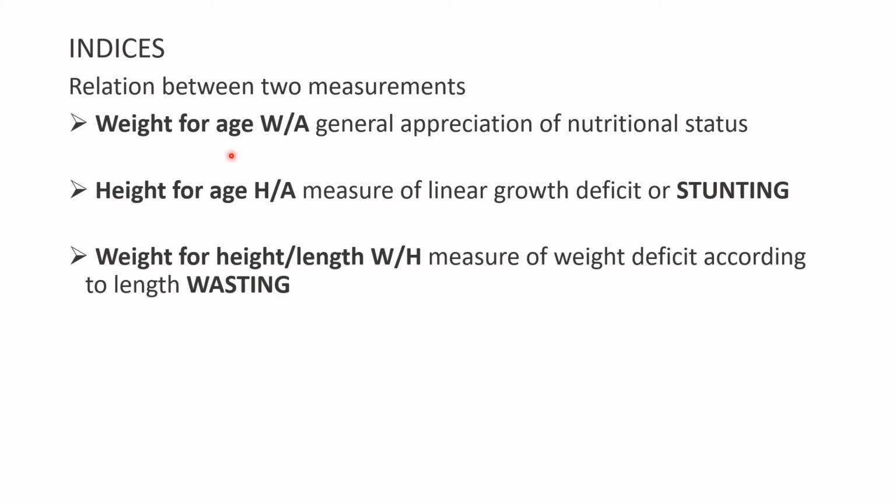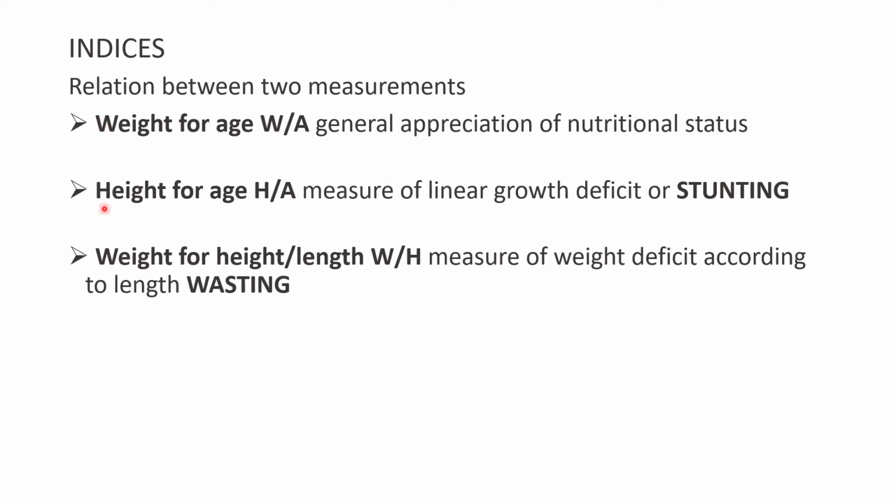If its birth weight is 2.5 kgs, when it reaches 1 year of age it must increase 3 times, 2.5, 2.5, 2.5, which means 7.5 kgs. If it is less than that, the baby's nutritional status is not good. It is poor, or the baby is malnourished. Like that, we can identify the nutritional status of children.